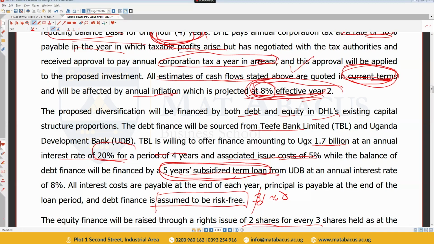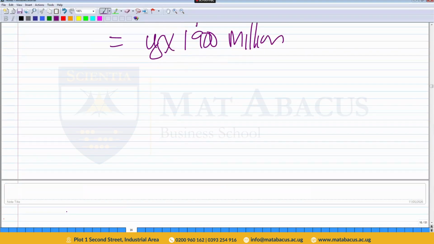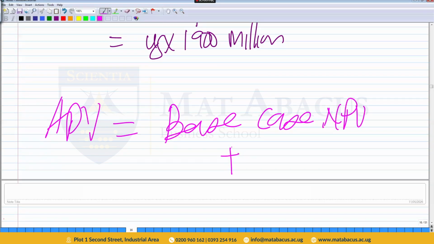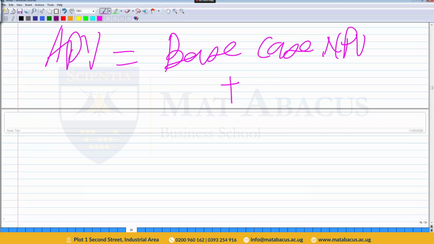Now, ladies and gentlemen, remember we are dealing with APV. We said APV is best case NPV. We add there the present value of financing effects.